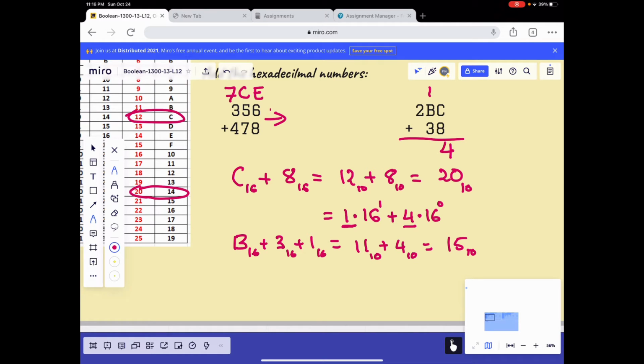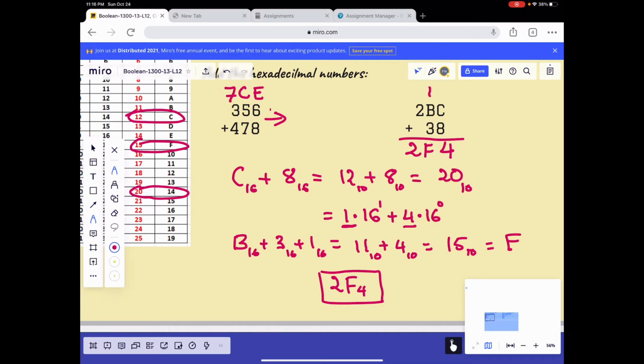And 15 decimal is letter F. So I'm going to write out letter F for 15. And then 2, bring it down, 2. So 2F4 is your answer. And this is the answer for the addition problem 2BC plus 38.